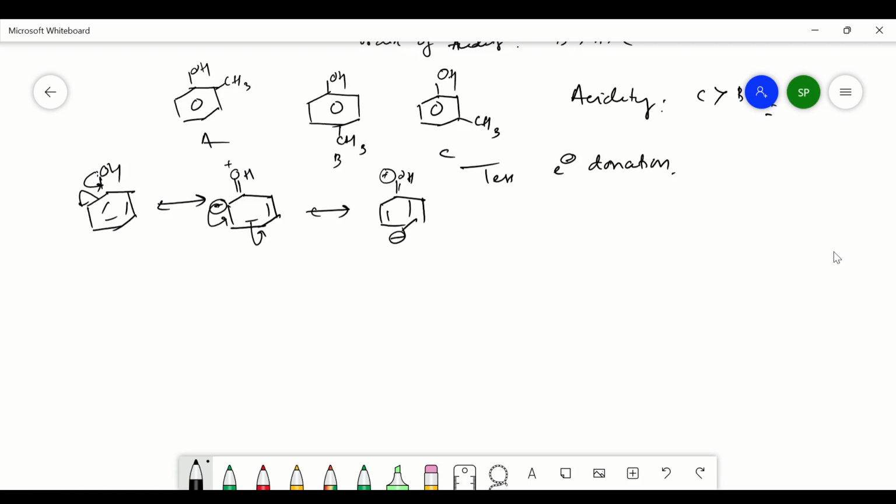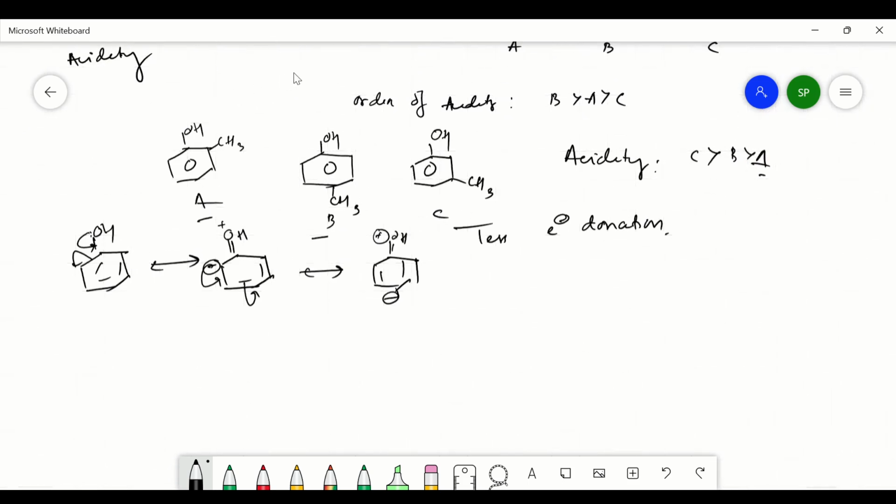And if we compare A and B, one is at ortho position, one is at para position. So here this is distance dependent. So this CH3 at ortho position is near the OH group, so this will increase the electron density more as compared to the para group, because the para group is at a higher distance than the ortho group.